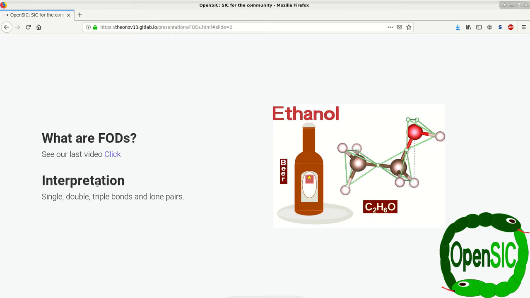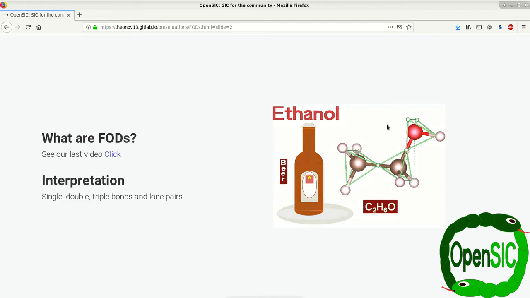Right now, we are more focused on the interpretation of these FODs in a chemical bonding picture, and it turns out that these FODs can be interpreted in terms of single, double, or triple bonds, or even other bonding configurations, as well as lone pairs.